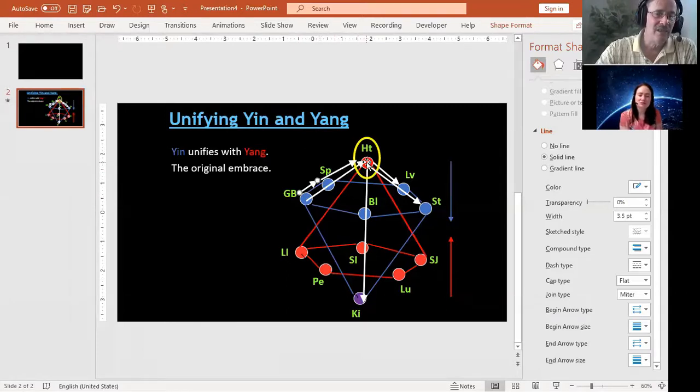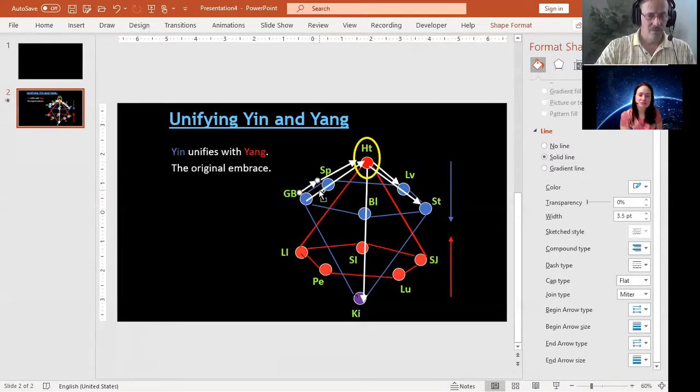And then from the heart, it'll flow to the liver and the stomach, which is building the blood in the body. So that fire is building the energy in the blood, which is then going to nourish the stomach, which are the tissues of the body.